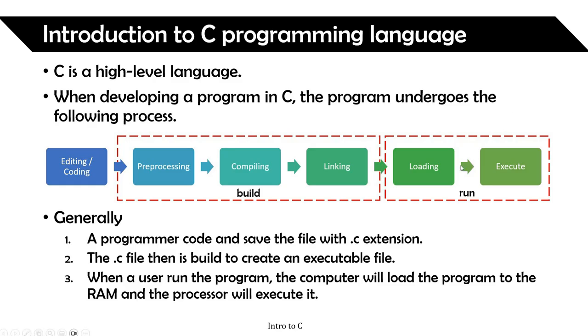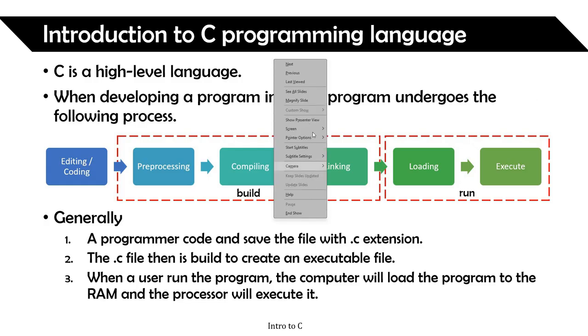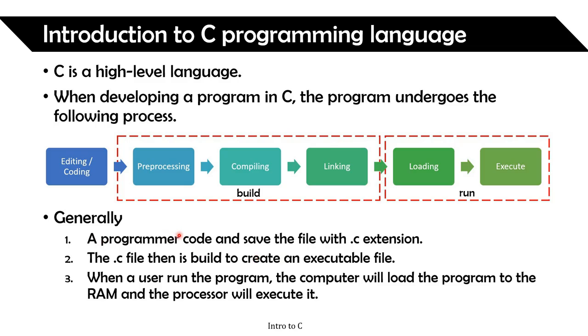Since we are learning C programming, whenever we type the code, we always want to save the file as .c. This is the file extension. Do you know what is the extension for a Word file?